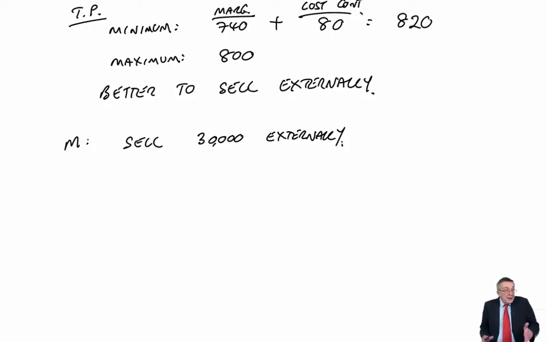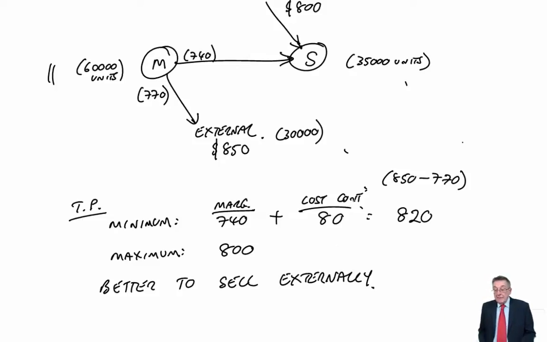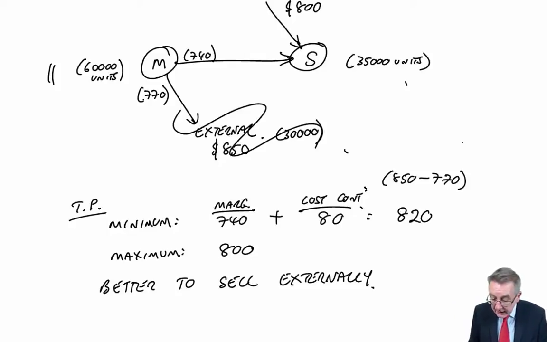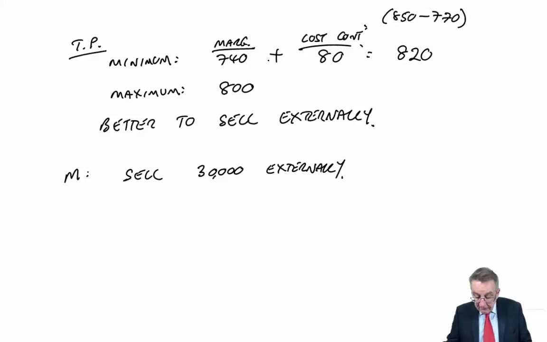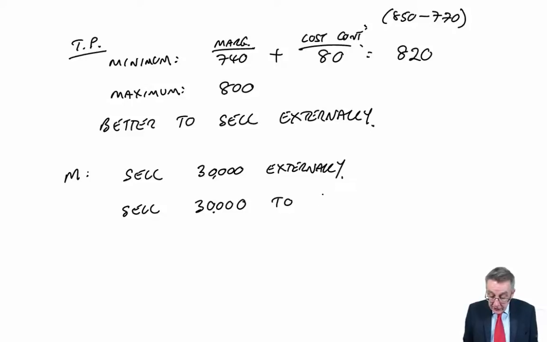But what about the other 30,000? Well, they can sell the other 30, remember, to S. And because they're already selling as many as they can externally, if they sell the remaining 30,000 to S, they won't be losing any contribution. There's nowhere else they could sell those 30. And so they'll sell the other 30 to the other division.